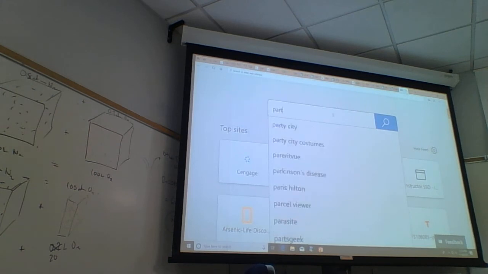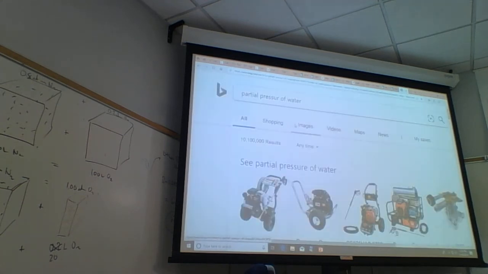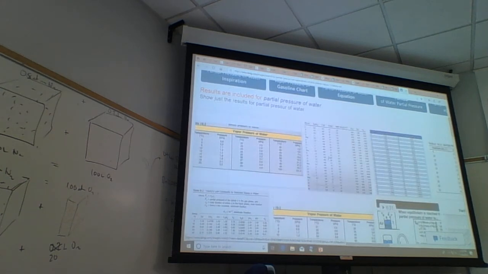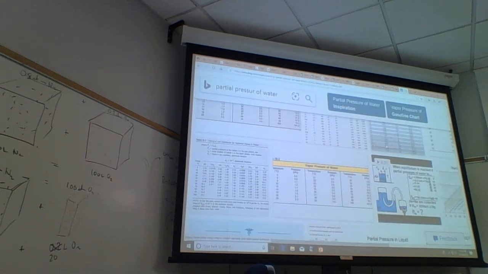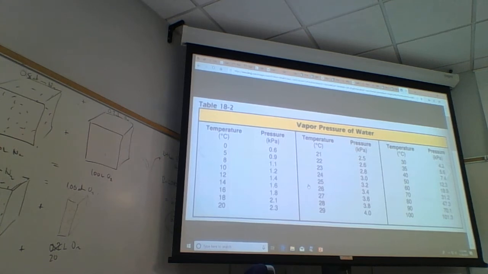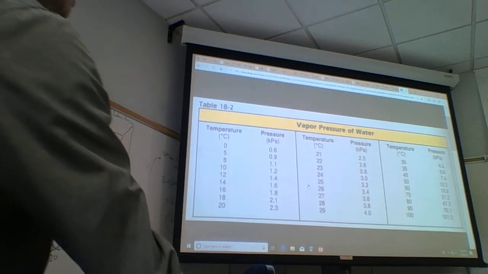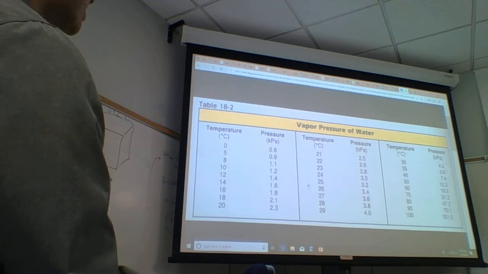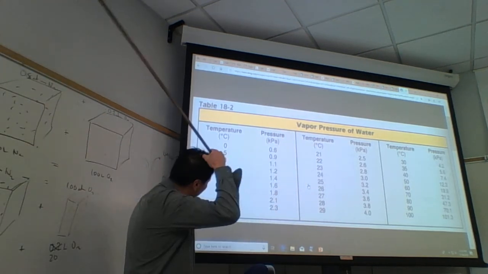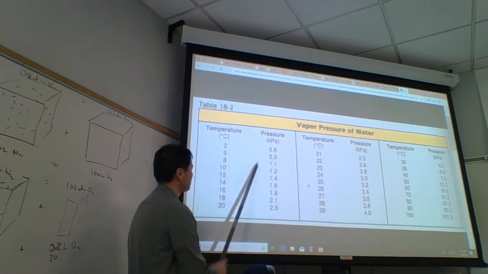It's called the partial pressure of water, or the vapor pressure of water. Probably more commonly called the vapor pressure of water, because this is when water evaporates, how much humidity does it create. So these would all be saturated at 100% relative humidity.